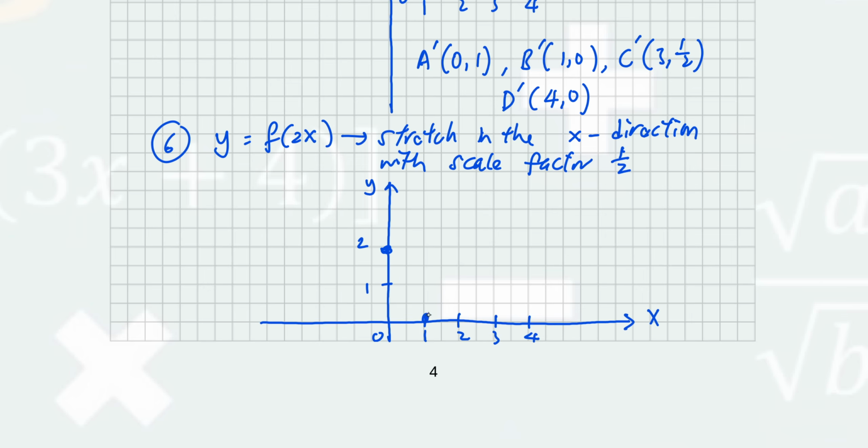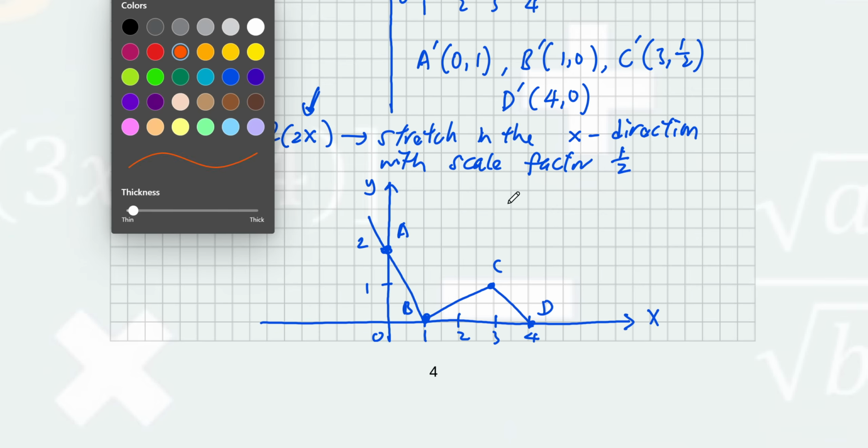So our points, here A, B, C, and D. Okay, so now since it is stretched in the x direction with scale factor half, that means now the effect is on the x value. So your x values will be half of the original x.